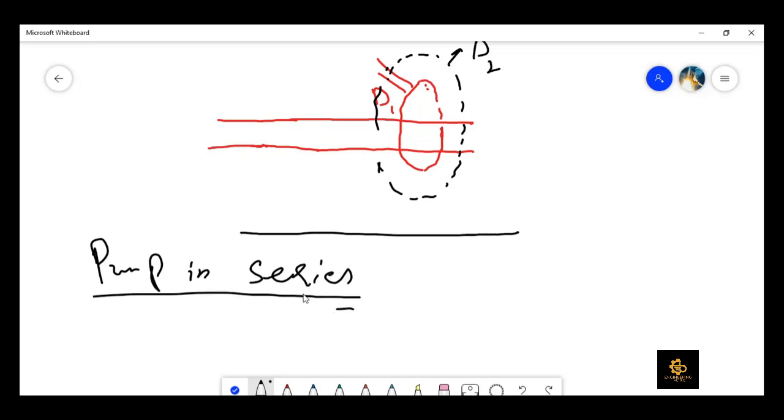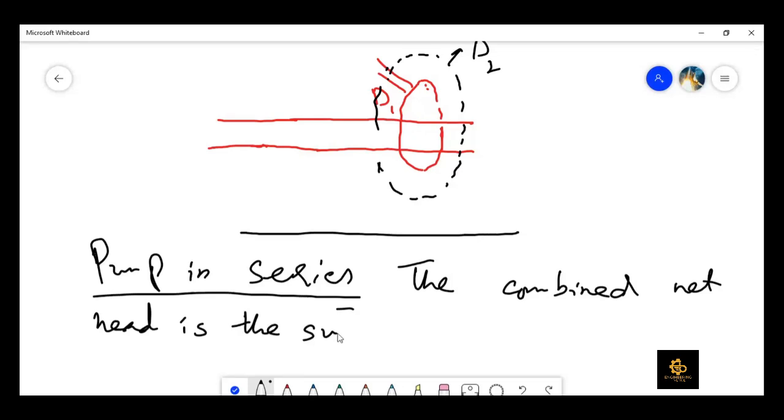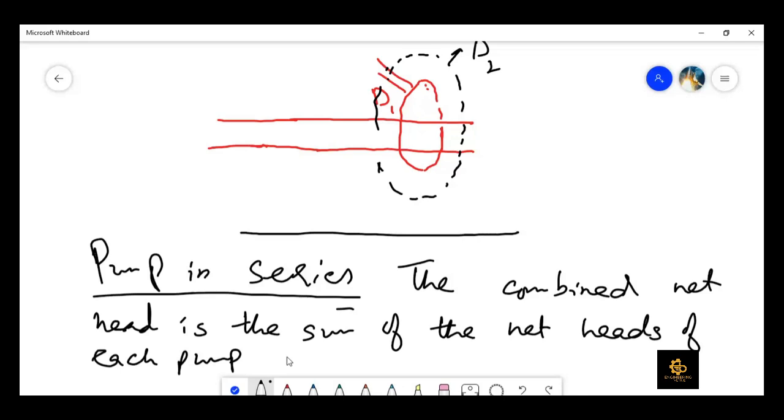When pumps are in series, the combined net head is the sum of the net heads of each pump connected in series.